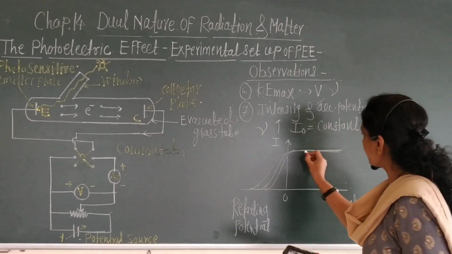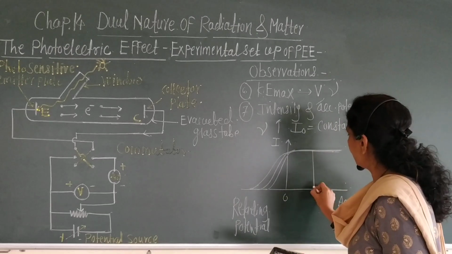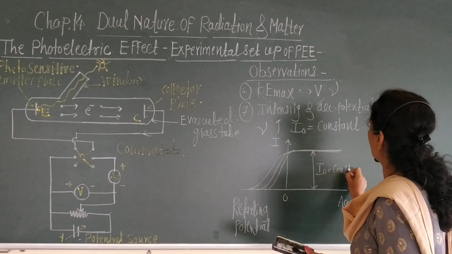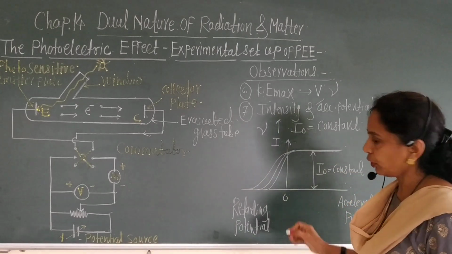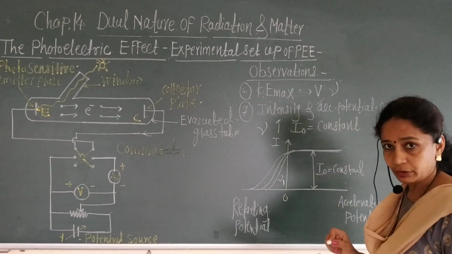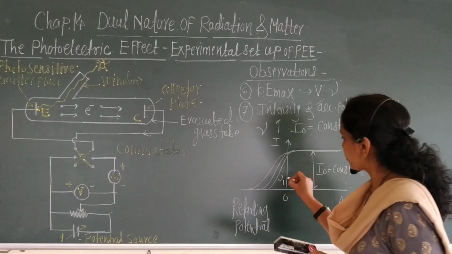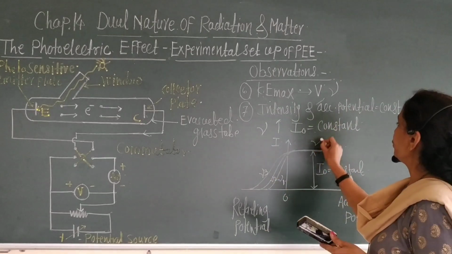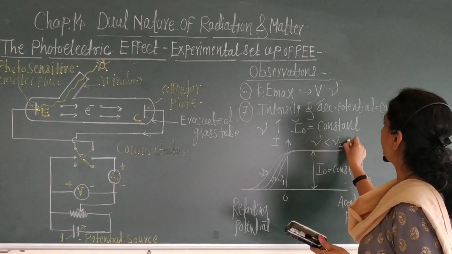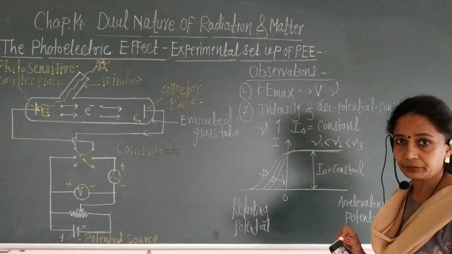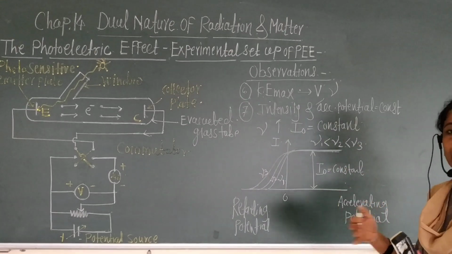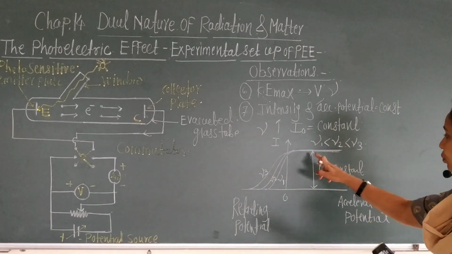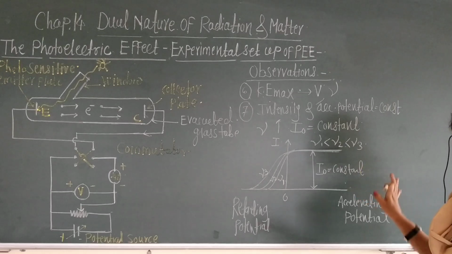See this, the saturation current remains constant. I naught is equal to a constant. This graph is for one particular frequency, say nu 1, this is nu 2, and this is nu 3. Here nu 1 is less than nu 2, less than nu 3. Therefore, if the frequency of incident radiation changes, I naught remains constant.